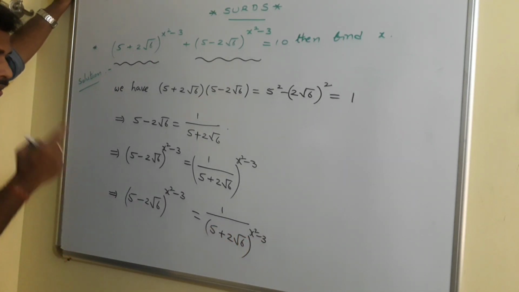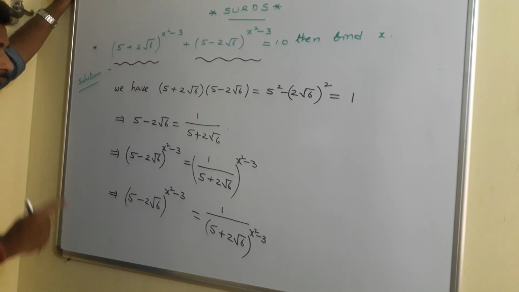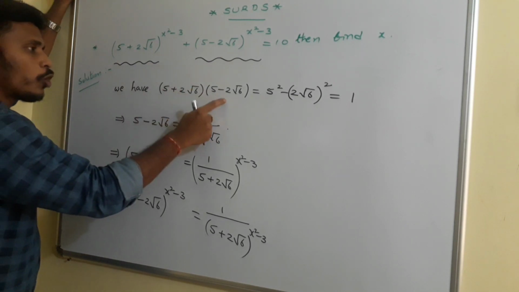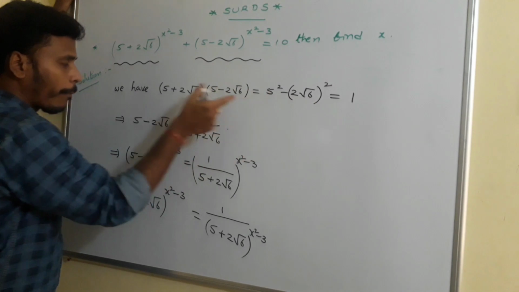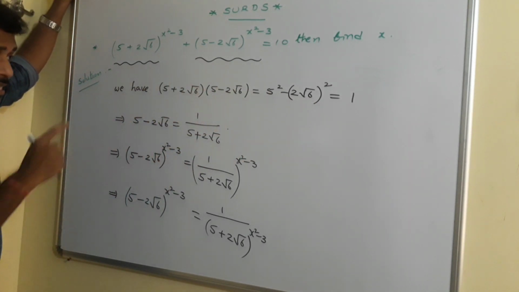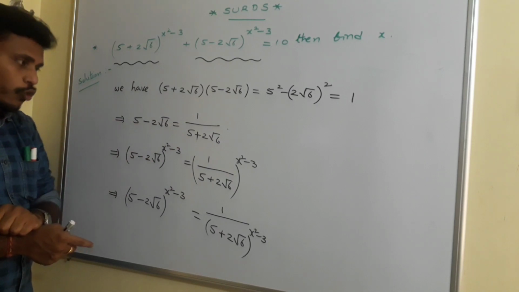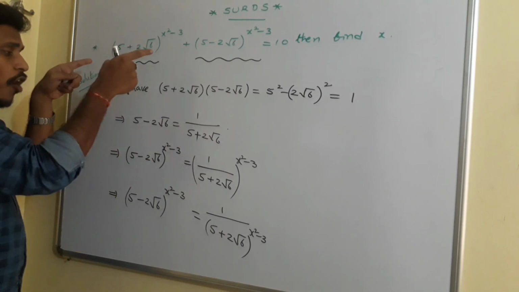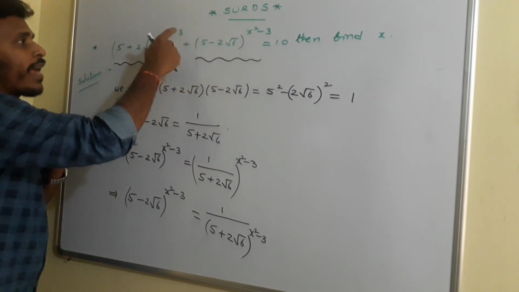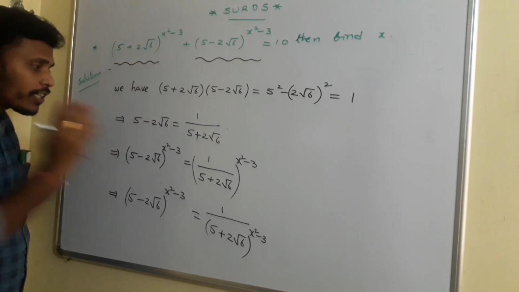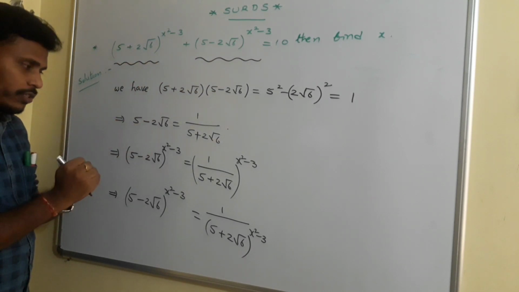Just observe it. The first observation I have in my hands is that (5 + 2√6)(5 − 2√6) is 1 by using a² − b². Since it is 1, I have 5 − 2√6 = 1/(5 + 2√6). Now, according to the problem, I need the power x² − 3, so you just apply the power x² − 3 on both sides.